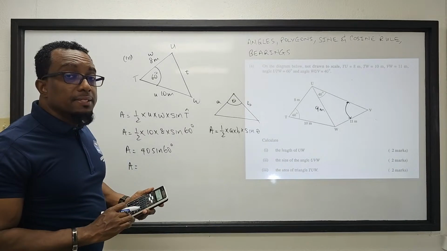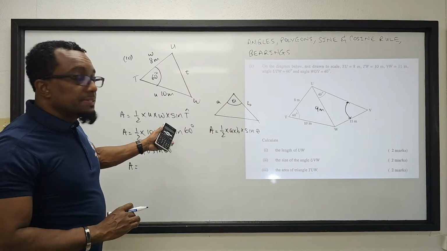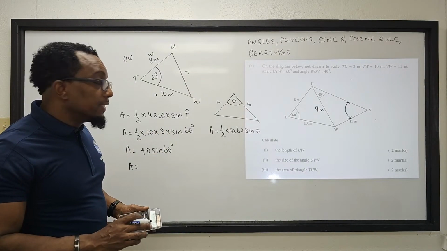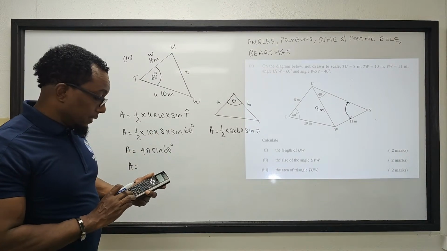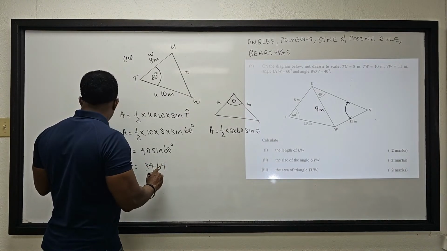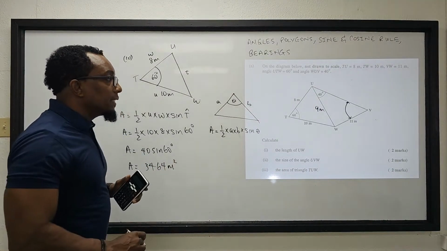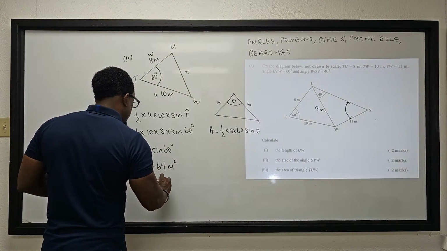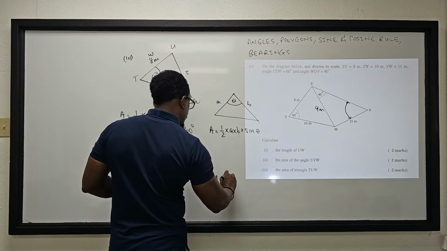Make sure the calculator is in degrees when you're finding the sine of an angle, because the angle is in degrees, not radians. So this will be 34.64 meters squared, and approximated to the nearest whole number, the area is 35 meters squared.